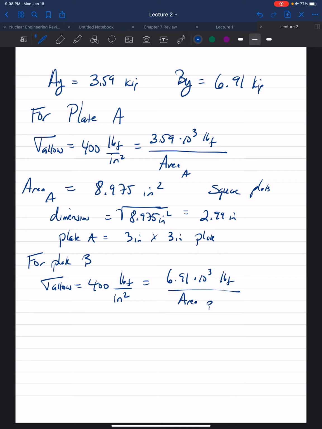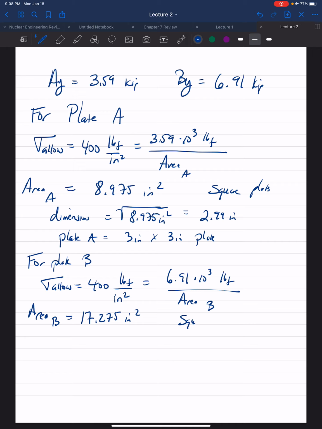So area of plate B, cross multiply and divide, 17.275 inches squared.